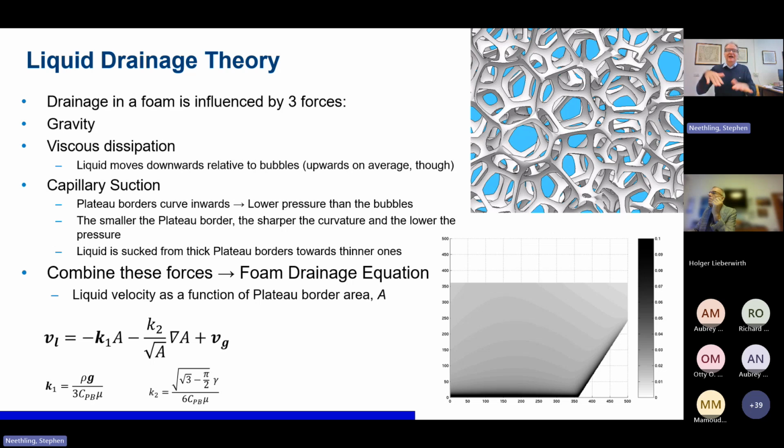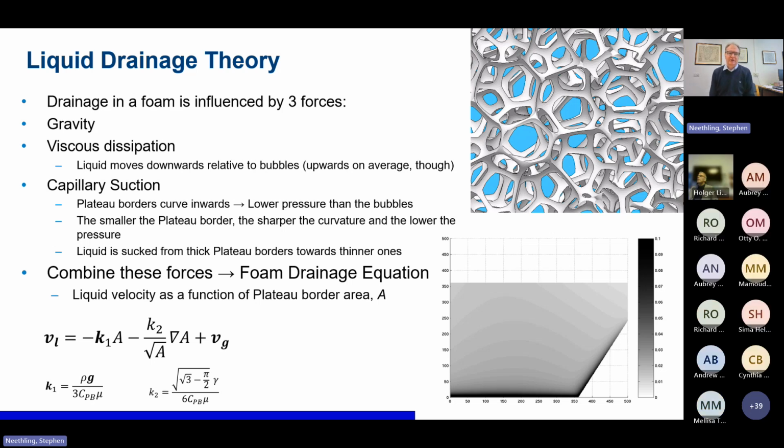So the junctions where three films meet, and these form a continuous network of channels through the froth. And so it's the liquid flow down these channels which determines the overall liquid motion in a froth. The amount of liquid in your films is tiny in comparison.